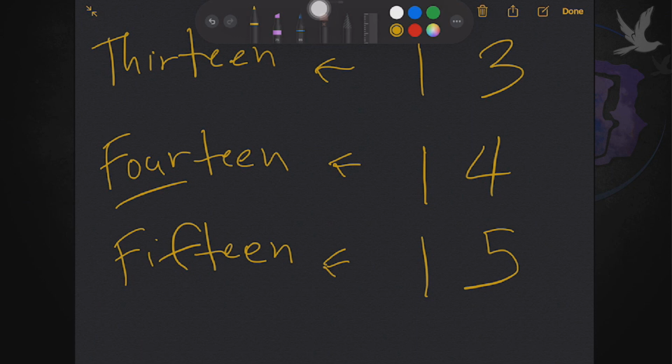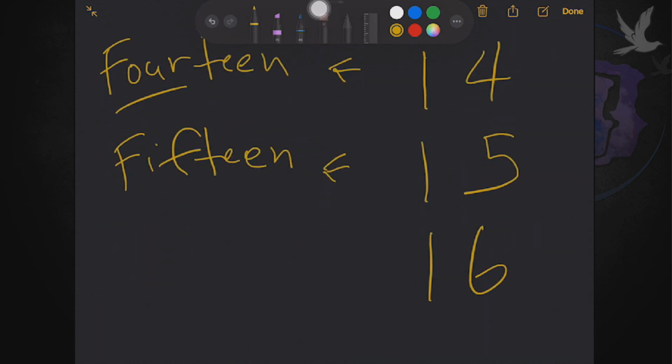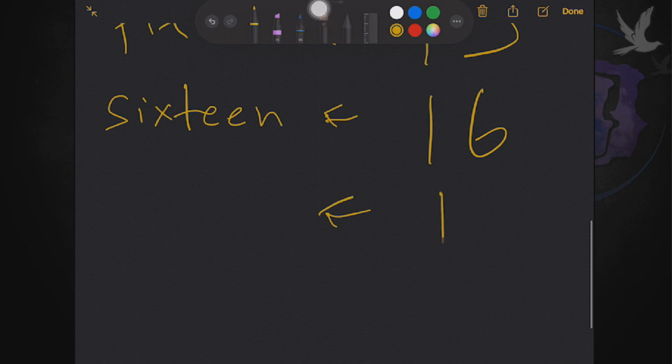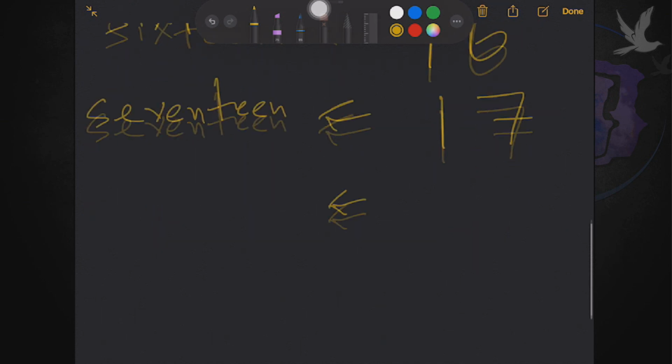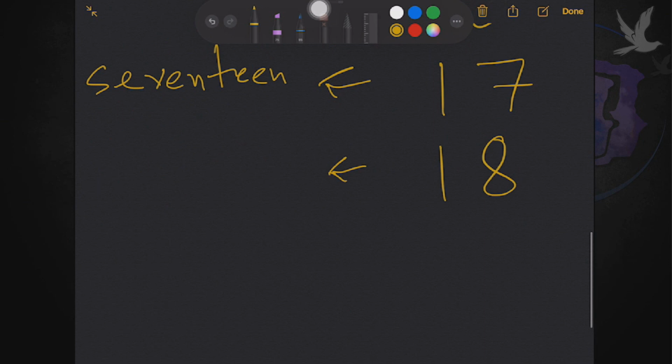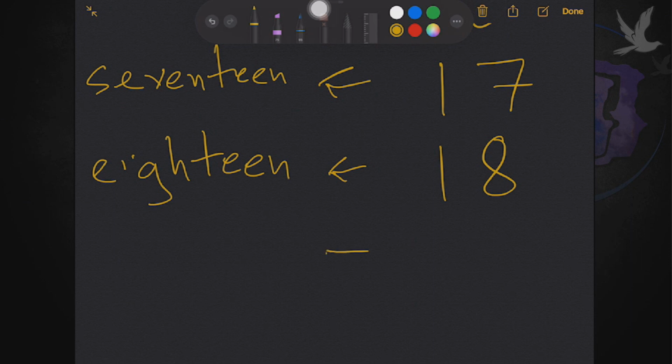Because for other numbers, once you reach 20, it is a lot easier for you to read the number. 16, 17, 18, and of course we have 19.